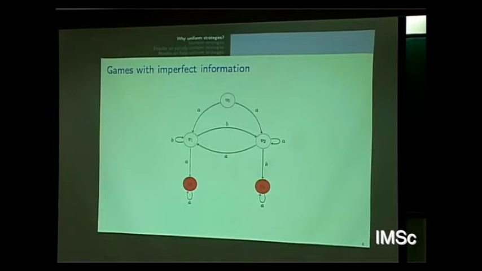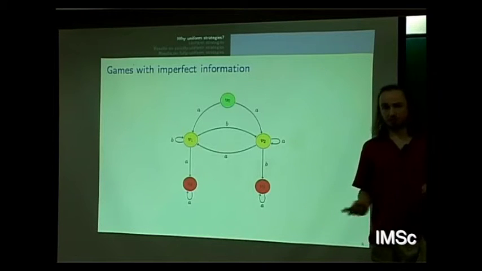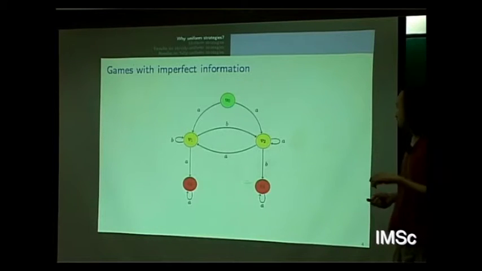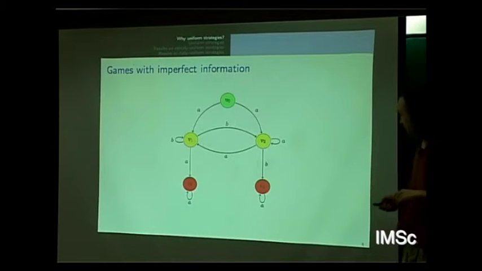But then if you add imperfect information, so here I represent the information with colors. So player 1 now no longer observes positions, but just the colors of positions. So for example, it doesn't make the difference between V1 and V2.